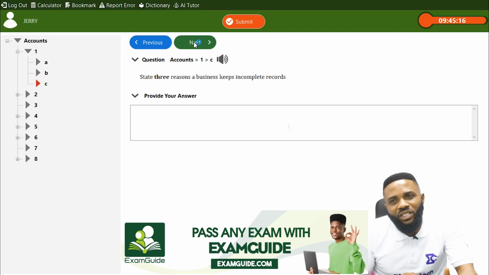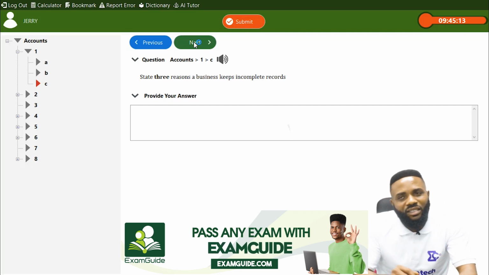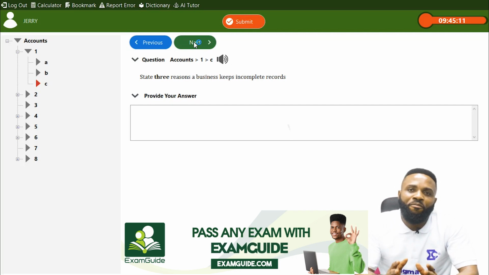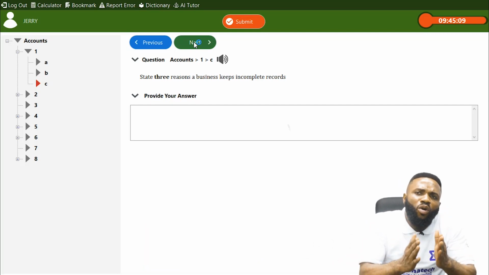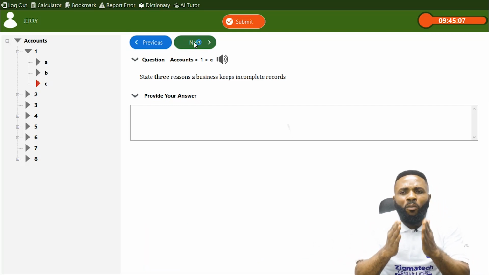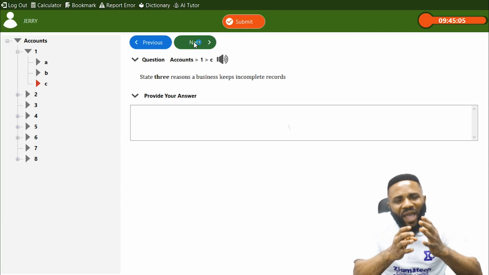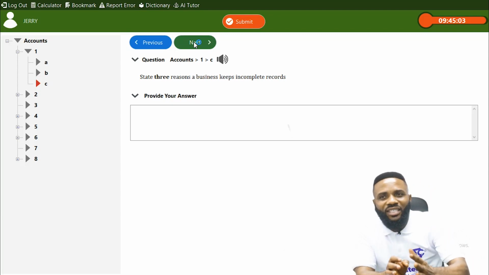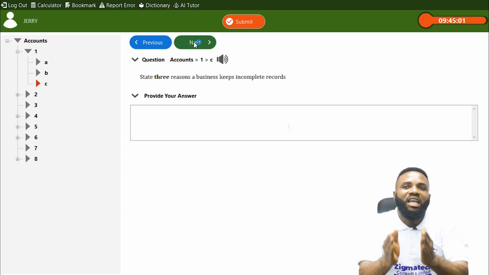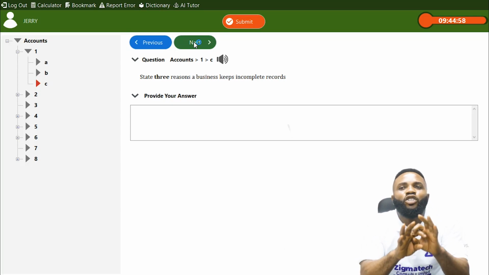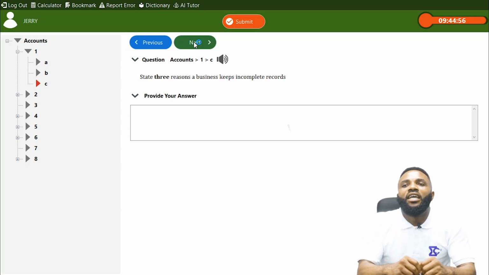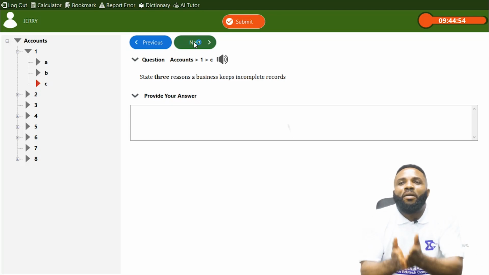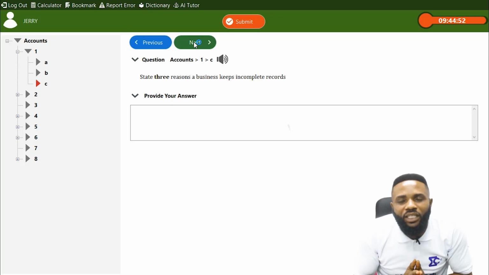They just move into business, so there is no check and balance. By right, there is supposed to be a very strong legal obligation that will spell out the accounting practice that is expected to be adopted in a particular business. So when there is no system like that, then anything goes. Anybody can wake up and begin to prepare incomplete records.